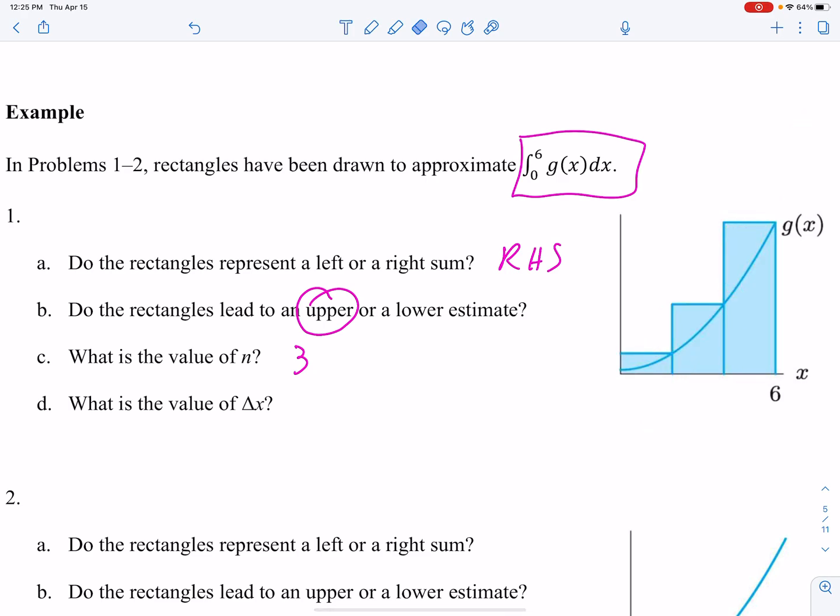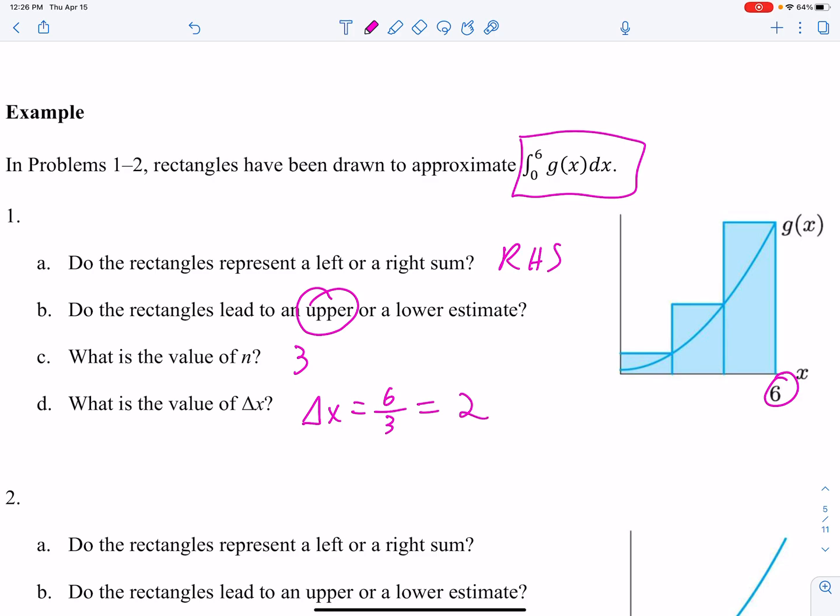What is the value of delta x? This is kind of a mathematical way to do it. Notice our highest x value on the graph is 6, and we have an n value of 3. So delta x equals 6 divided by 3, which equals 2.